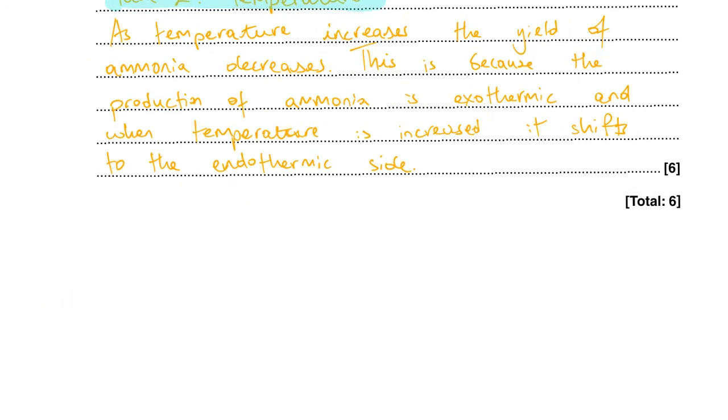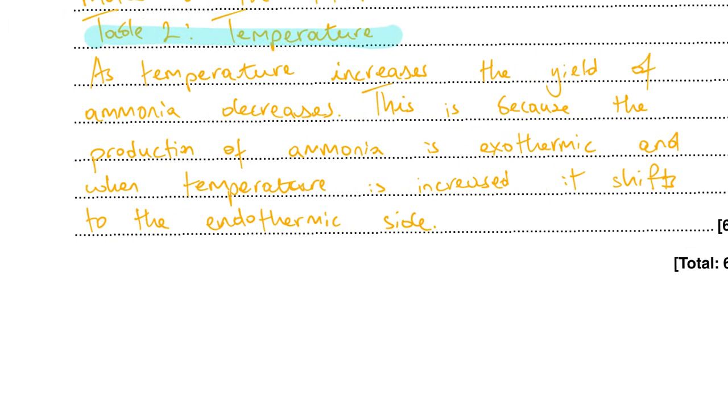So your final bit of that answer is as temperature increases, the yield of ammonia decreases. This is because the production of ammonia is exothermic, and when temperature increases, it shifts to the endothermic side. And just to make that really clear, that is the left-hand side, LHS.